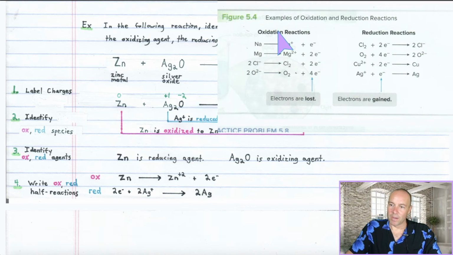For example, one of the half reactions that you might see in a redox reaction is sodium atoms being oxidized to sodium plus 1 ions. And each time an atom gets oxidized, it goes up in charge to that plus 1 ion, it must release 1 electron. Another example is magnesium can be oxidized to magnesium plus 2, releasing 2 electrons.